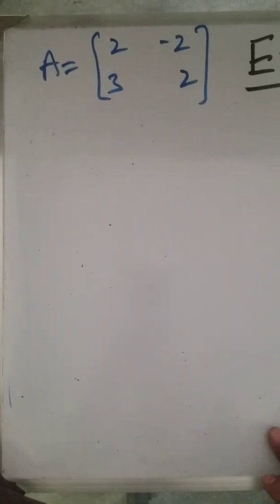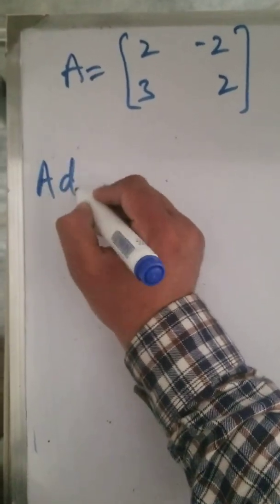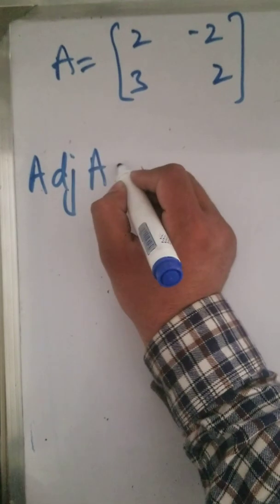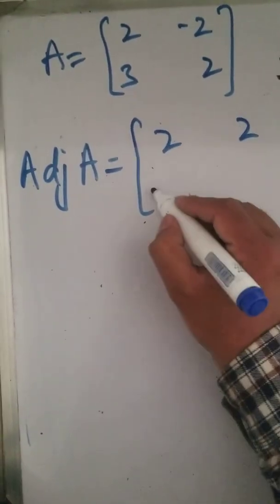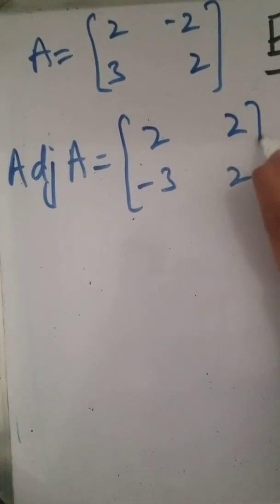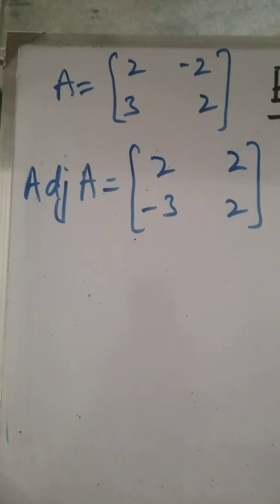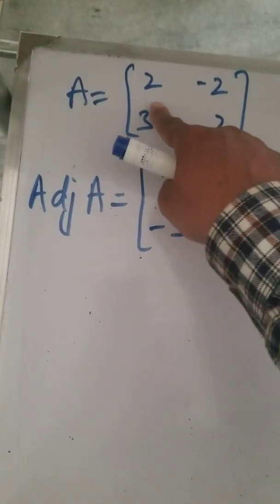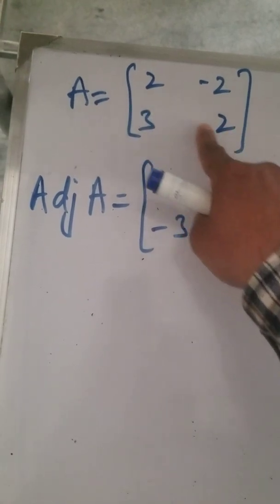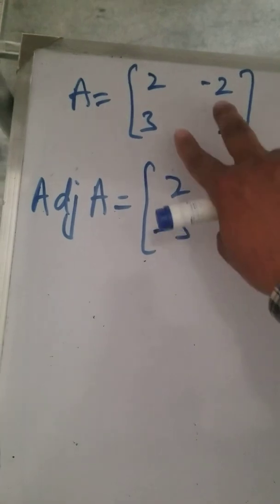Okay, now we take the adjoint of matrix A. The adjoint of A is [2 2; -3 2]. To take the adjoint, we interchange the diagonal entries 2 and 2 and we change the sign of the non-diagonal entries.